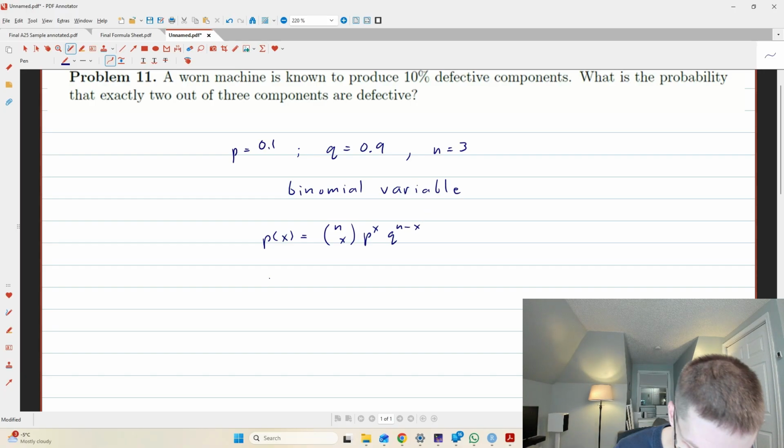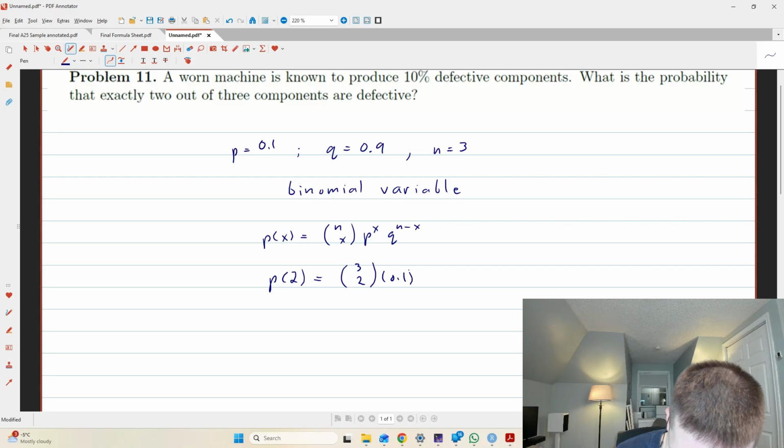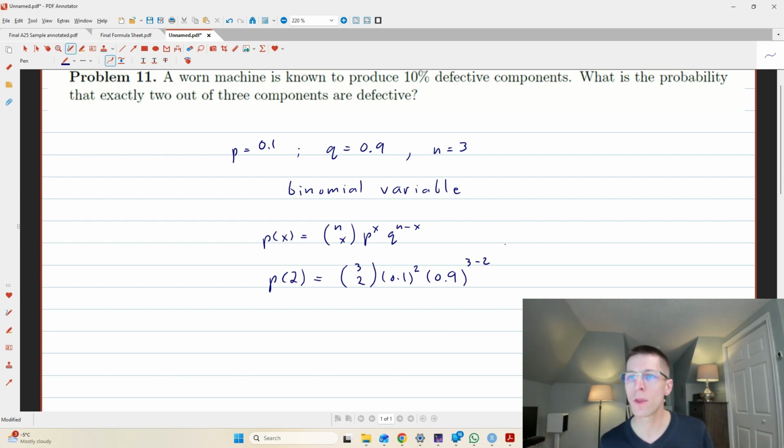So P of 2 is 3 choose 2, 0.1 to the 2, 0.9 to the 3 minus 2. And you can work that out in a calculator.